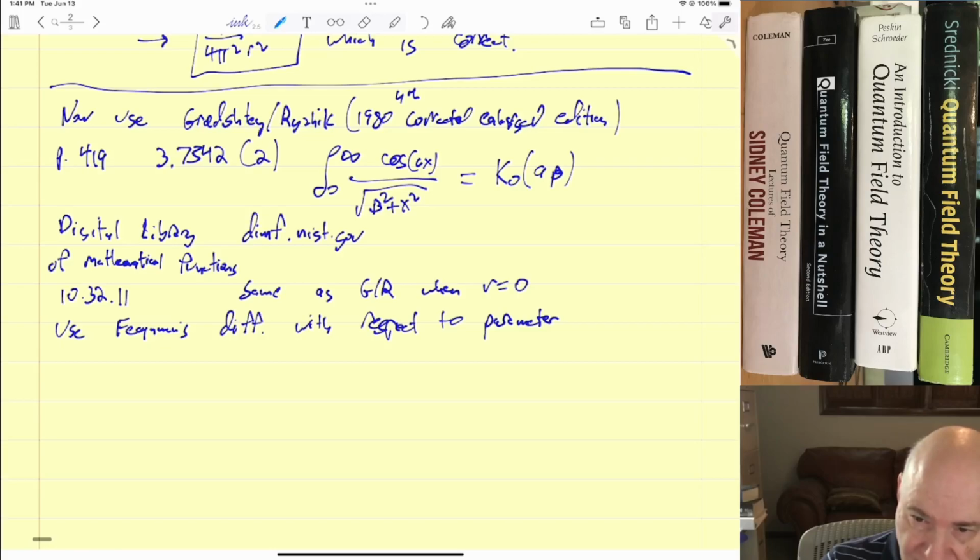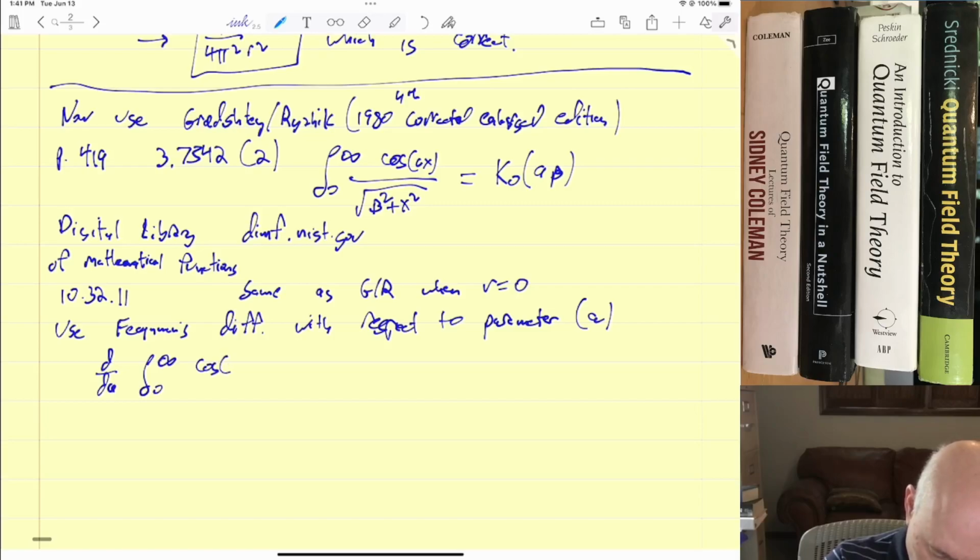And in this case, the parameter is a. So we can write d/da of the integral from 0 to infinity, cosine ax dx divided by the square root of beta squared plus x squared, equal to d/da of K0(a beta).